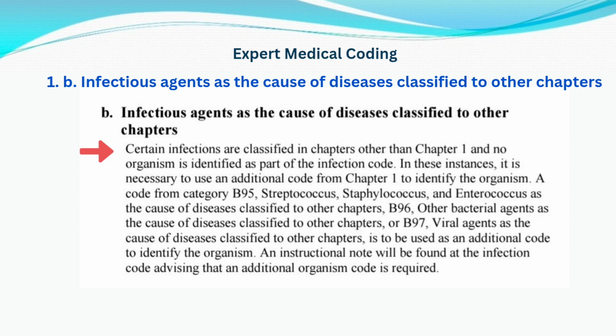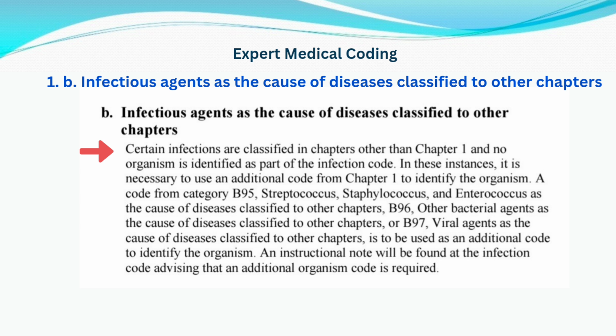A code from category B95, that is Streptococcus, Staphylococcus, Enterococcus, as the cause of diseases classified to other chapters, category B96, other bacterial agents as the cause of diseases classified to other chapters, or category B97, viral agents as the cause of diseases classified to other chapters, is to be used as an additional code to identify the organism. An instructional note will be found at the infection code advising that an additional organism code is required.